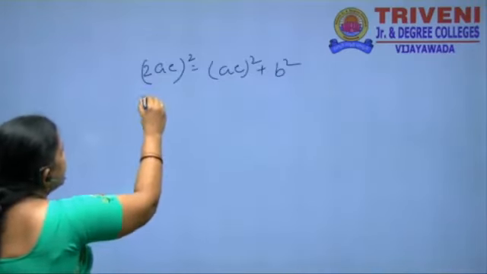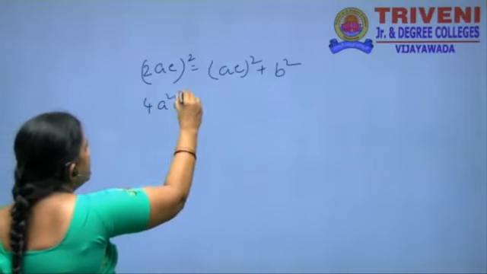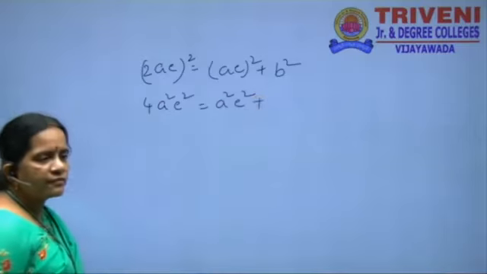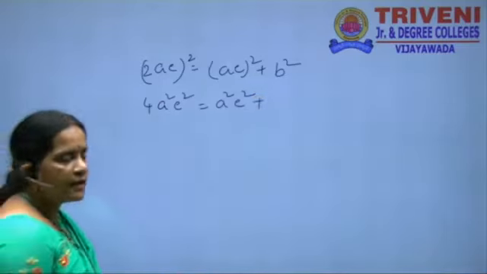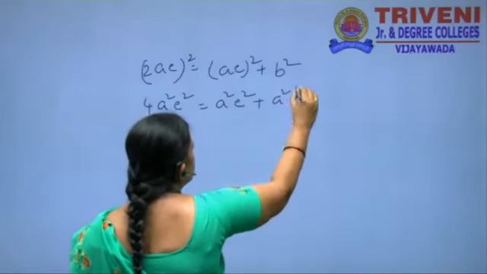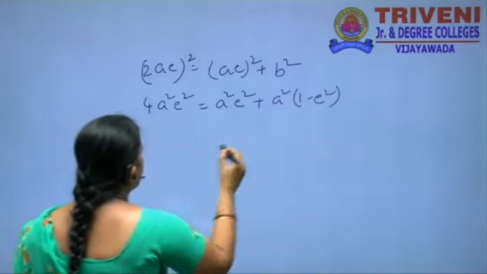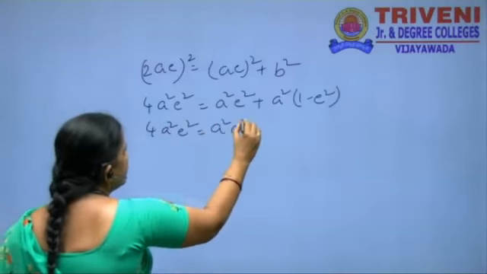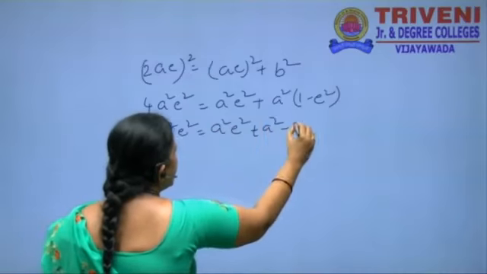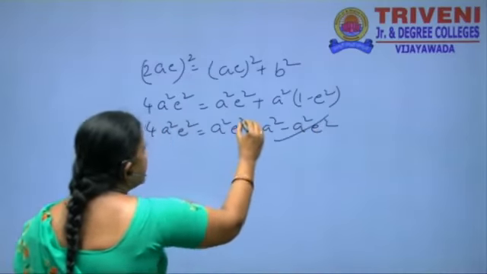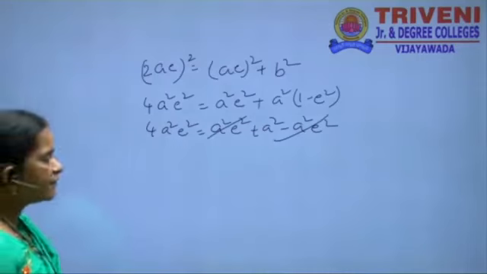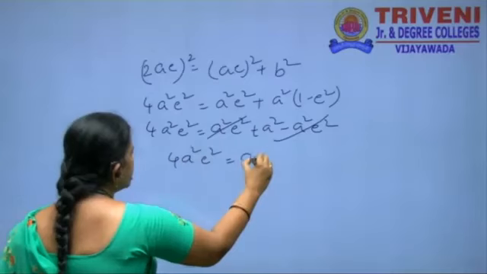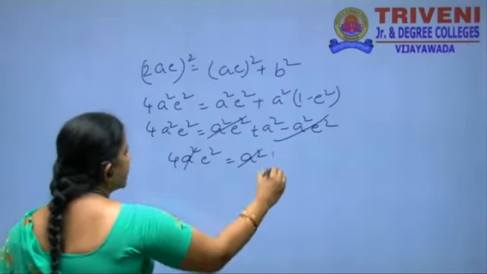Here 2AE whole square is 4a square e square. The value of b square, already you know, is a square into 1 minus e square. That is 4a square e square is equal to a square e square plus a square minus a square e square. The a square e square terms get cancelled. Then 4a square e square is equal to a square. The a square also gets cancelled here.